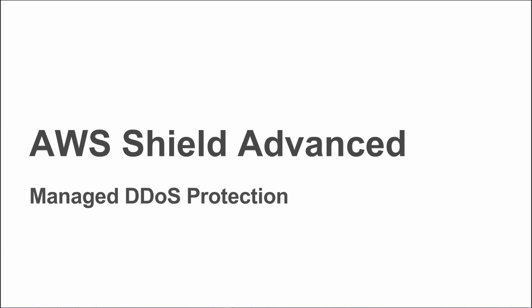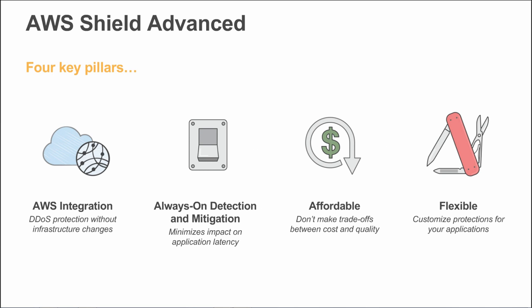Now let's move on to Shield Advanced and dive deep into what are the specific capabilities Shield Advanced provides. Before that, let's talk about the key pillars that Shield Advanced has been built on top of. One of the things that we wanted to be sure of is we adhere to the same principles that AWS DDoS mitigation has been built on, which is the AWS integration.